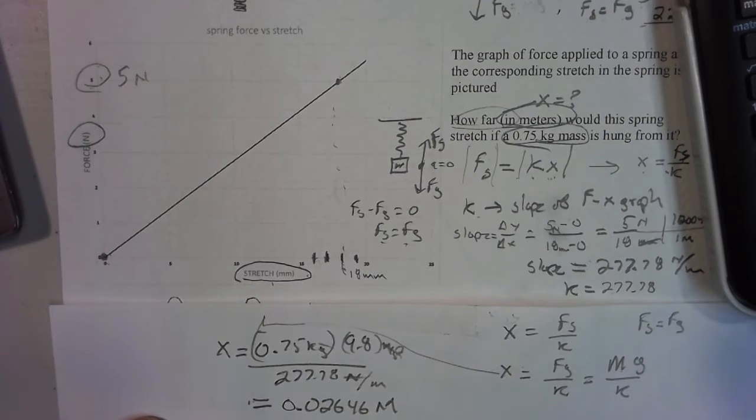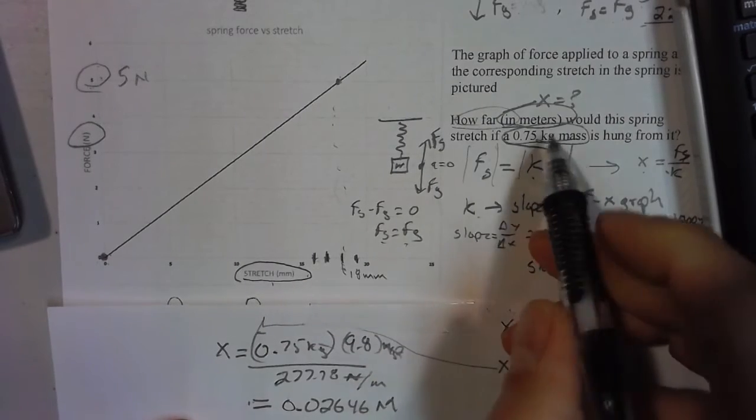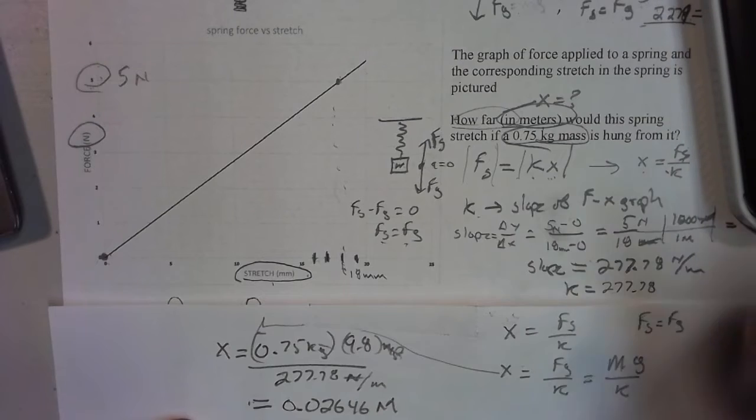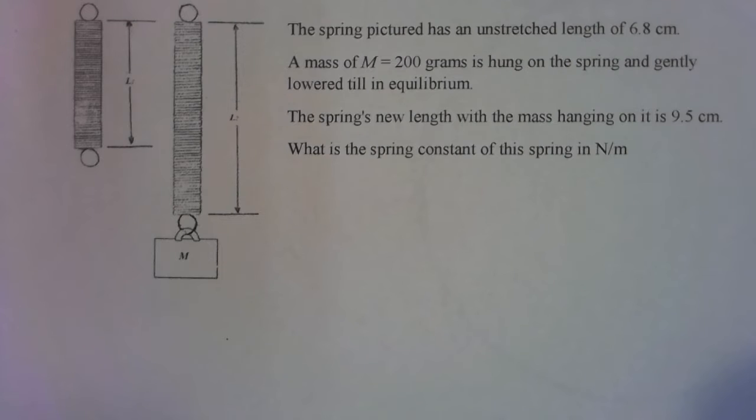That's how you do that. I'll have to double check that problem and maybe make this not in meters, make it in millimeters. Okay, be careful of units on that. All right, here's another one where we've got a spring pictured, has an unstretched length of 6.8 centimeters.